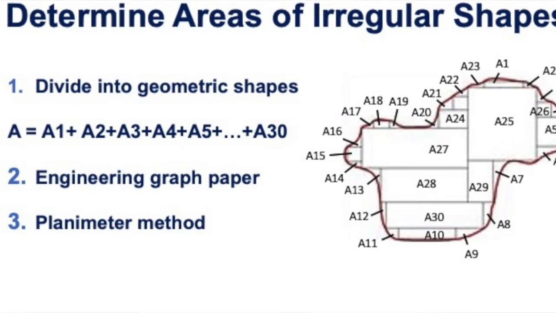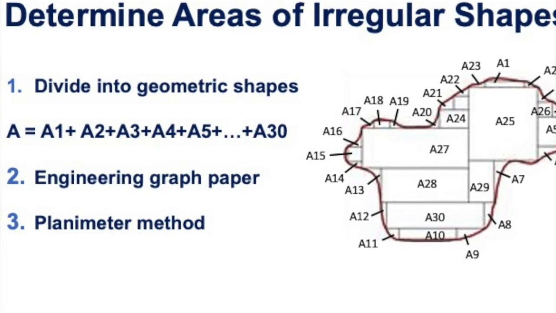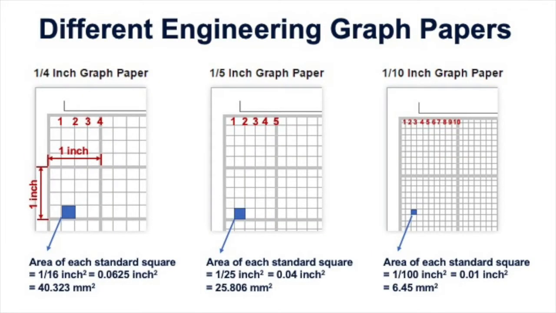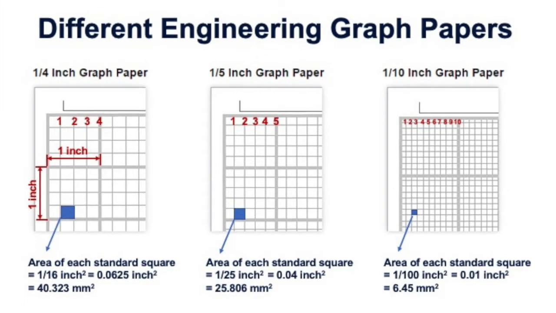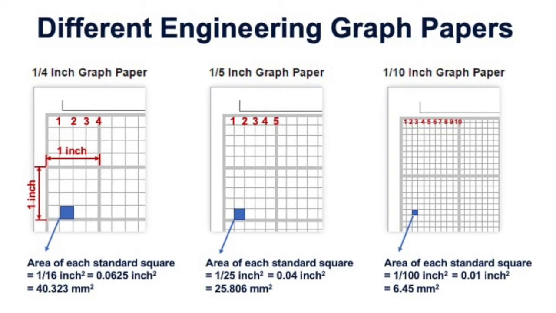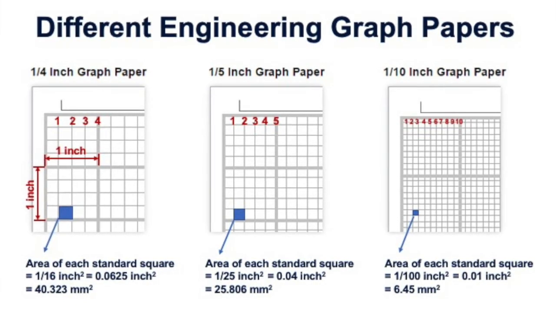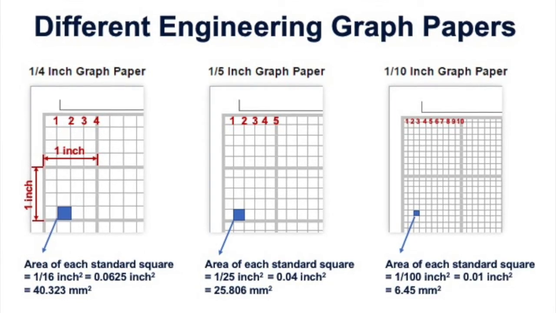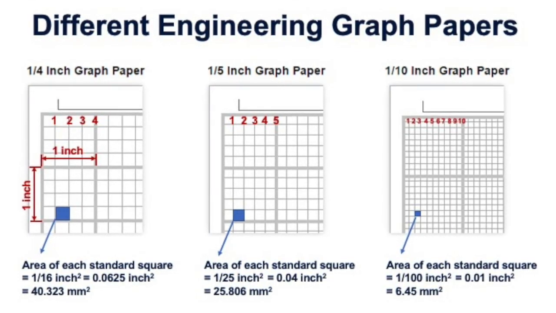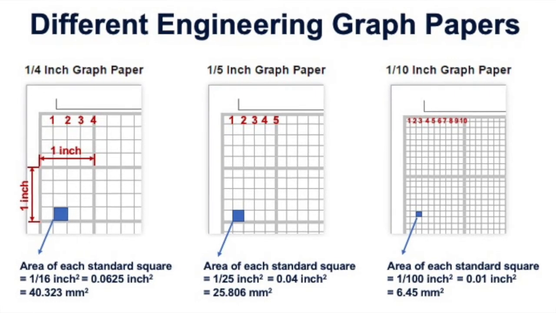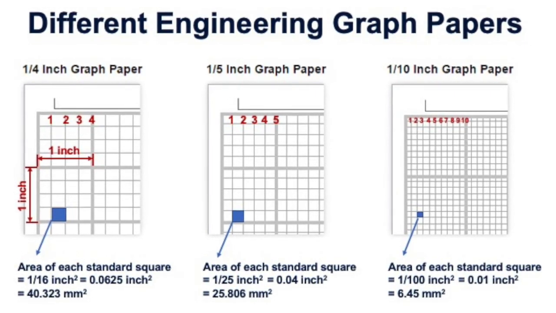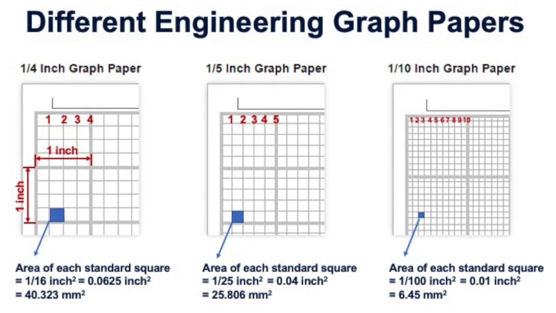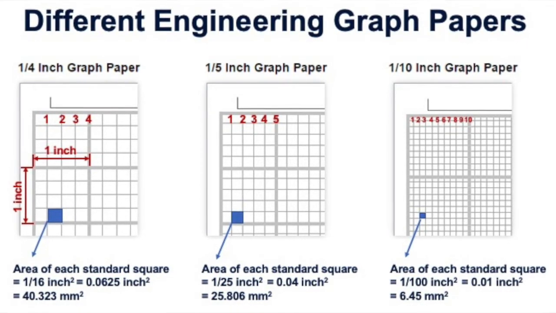The other two methods we will use in this lab are engineering graph paper and planimeter. Engineering graph paper, also called square paper, graph paper, or grid paper, is printed with a regular grid in standard dimensions. It is widely used for plotting graphs or drawing data curves in mathematics or engineering study.